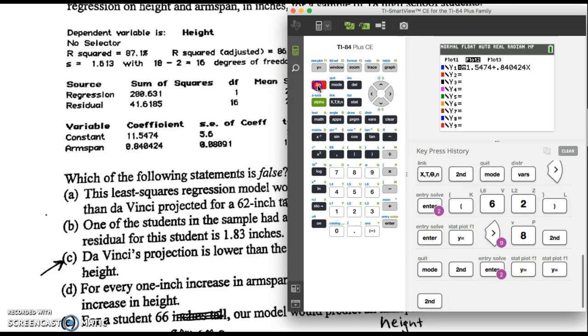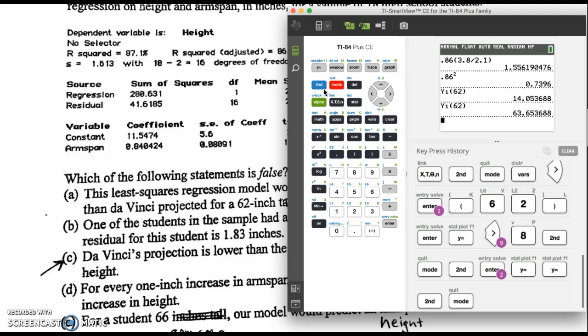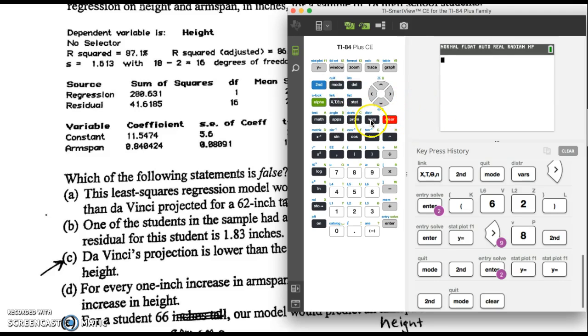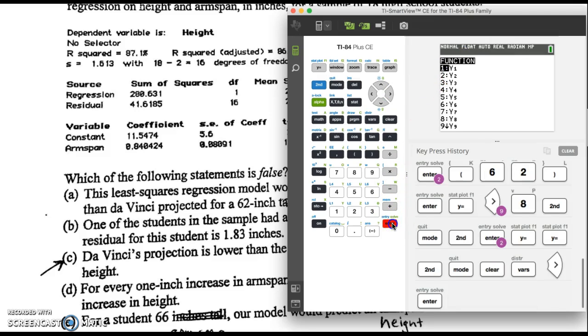Then we're going to come back to the main screen, and what we're going to do here is say vars. We want to pull up that y1 equation that we just typed in. So we go to vars and then y vars, function, and then we pick the first one, y1. In parentheses, we plug in the x value that we have, the arm span, 62, and hit enter.